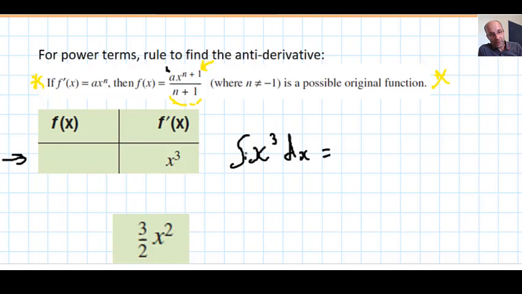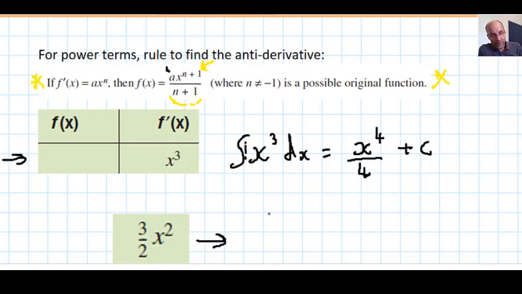A is the constant or the coefficient on the front. Well, it's understood to be 1 there, so we don't need to write that down really. So we need to add 1 to the power, so that'll be 4 over that new power, 4, plus c. So it's x to the power 4 over 4 plus c is the antiderivative.